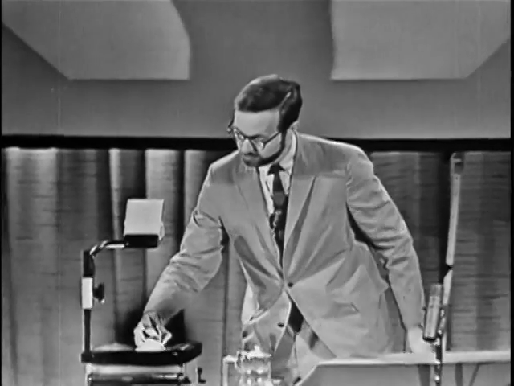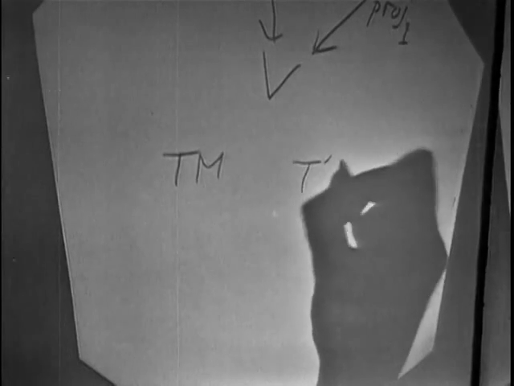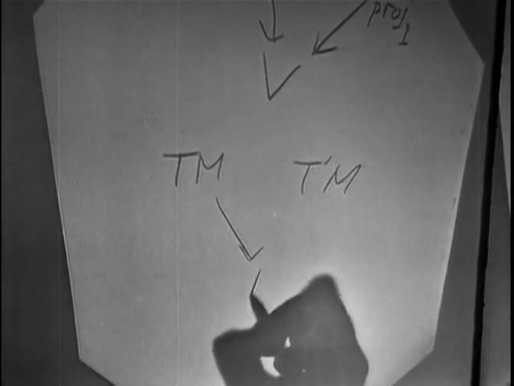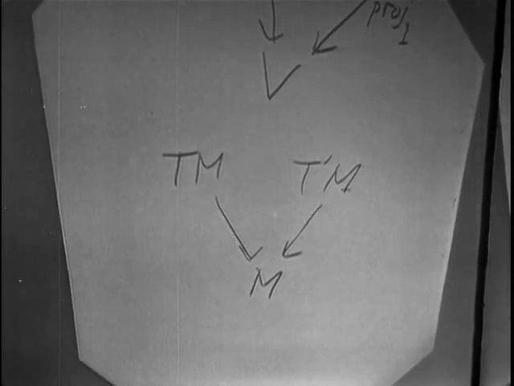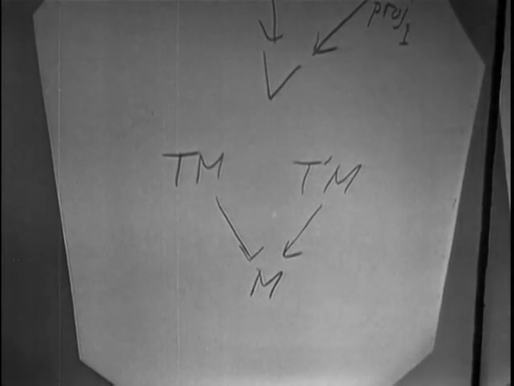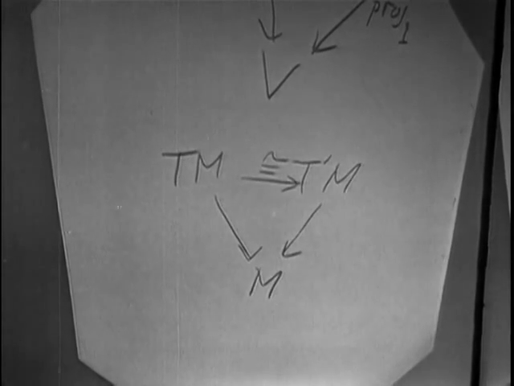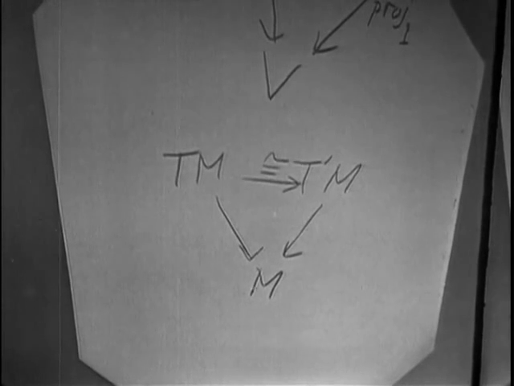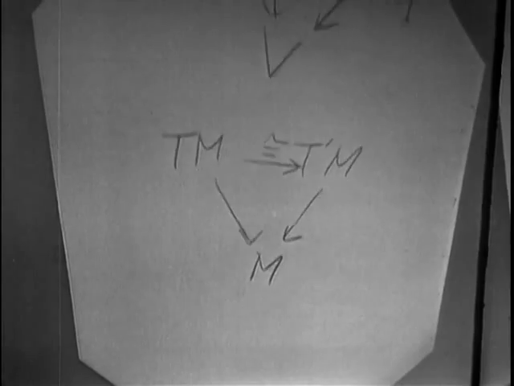That is, if we have one choice of T of M and a second choice T prime of M, these are both fiber bundles over M, where the fiber is a Euclidean space, and it's always possible to choose an isomorphism from here to here, which carries each fiber isomorphically onto the corresponding fiber.